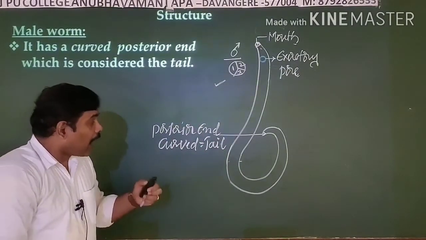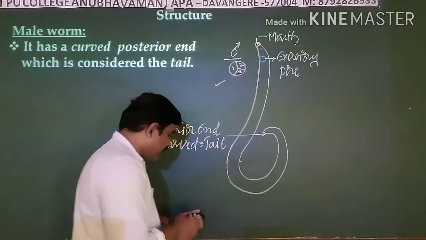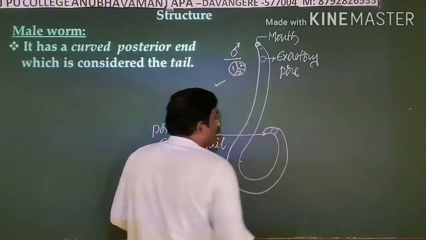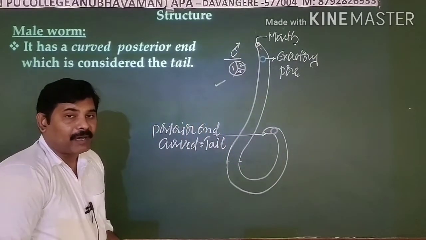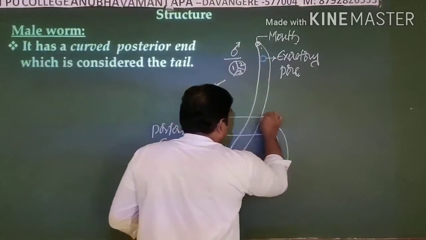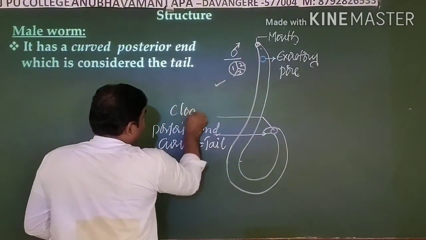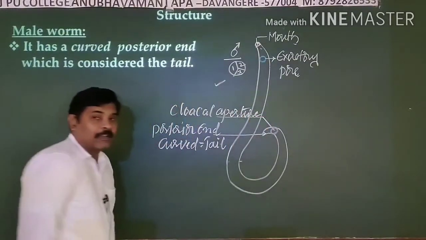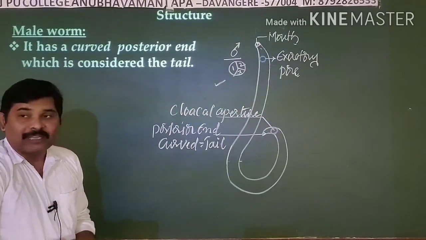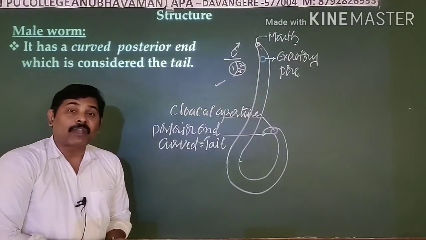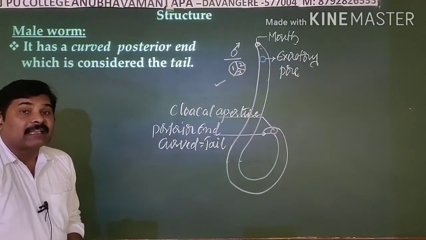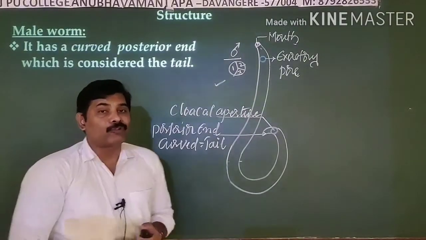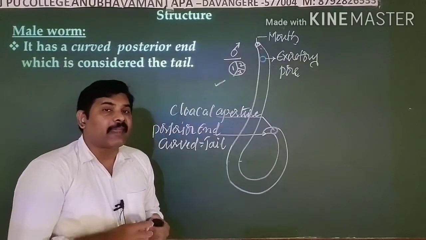Next, at its posterior end you can see an opening, which is known as the cloacal aperture. This is the area where you can find two equal-sized chitinous spicules, which are technically known as penial spicules or penial setae.